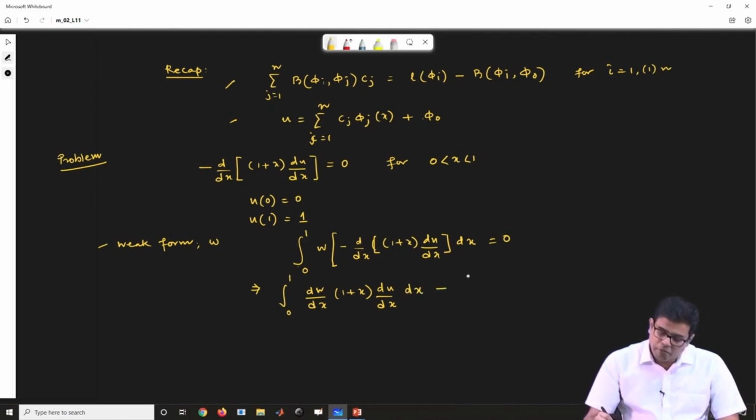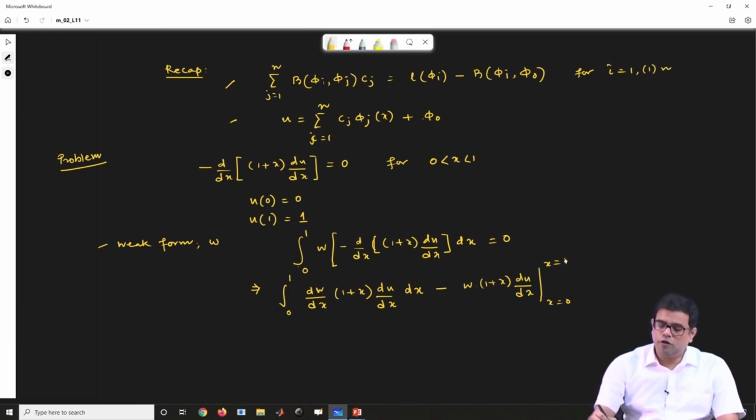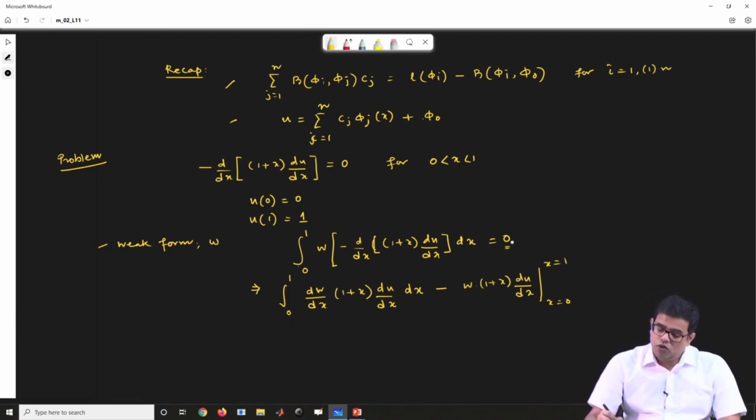Then there will be a boundary term: w into (1 plus x) du/dx, evaluated at x equals 0 and x equals 1. This is my simple weak form, and because there is no right hand side, it equals 0.